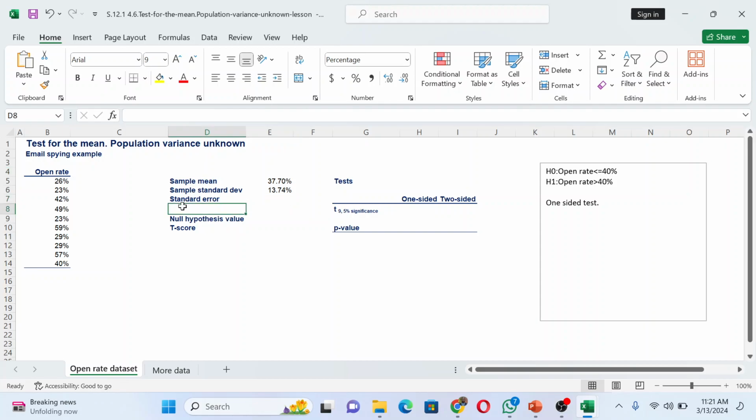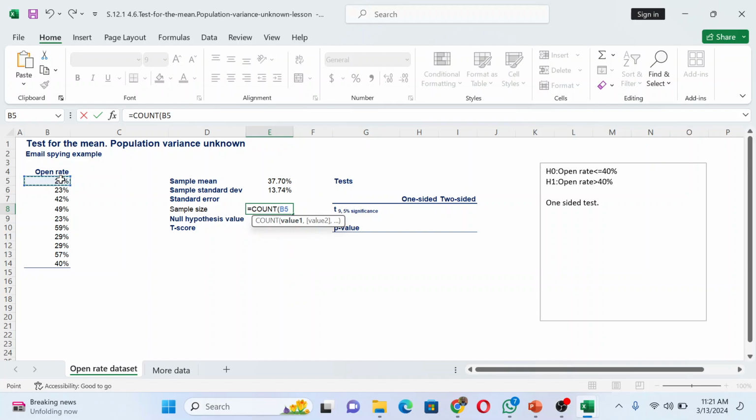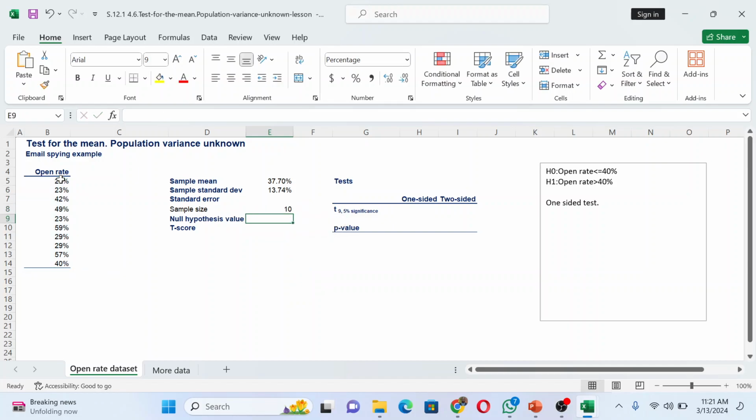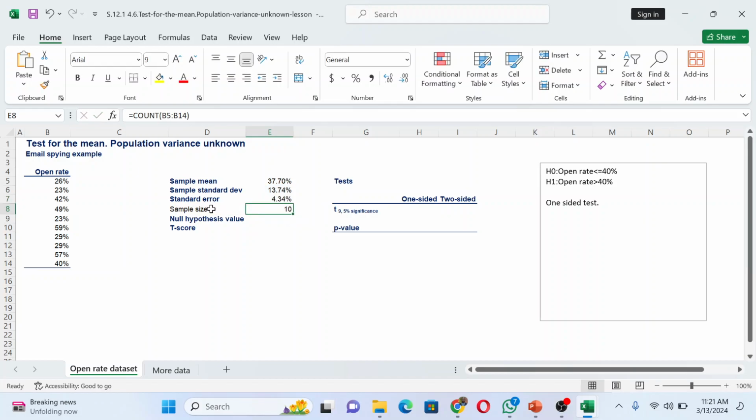So let us find our sample size. It is the count of this. It is 10. So our standard error is the standard deviation divided by the square root of the sample size. You are getting 4.34%. Are we together?